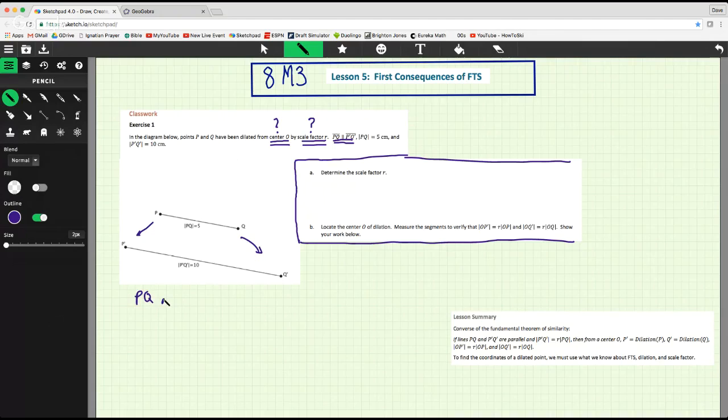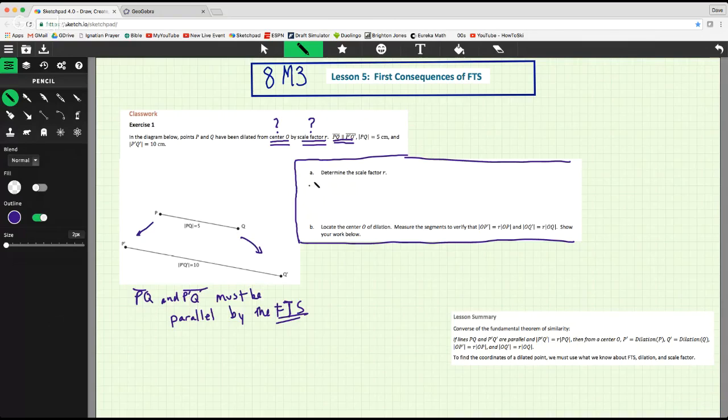This is the notation we use for line segments. They must be parallel by the fundamental theorem of similarity, the FTS. It tells us they must be parallel.